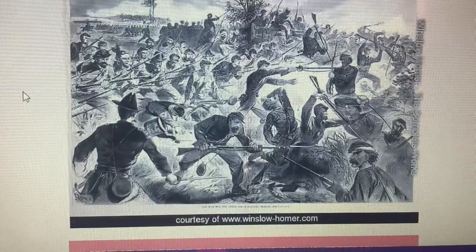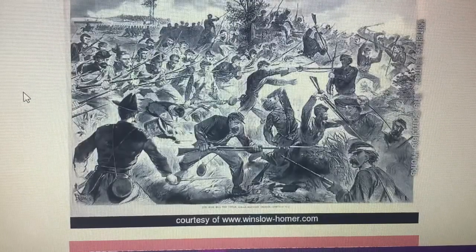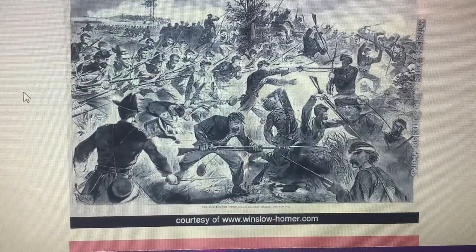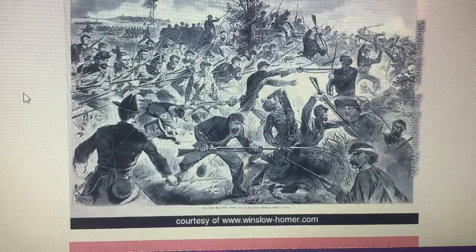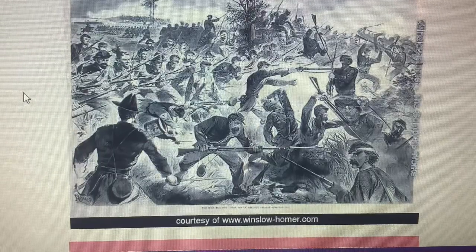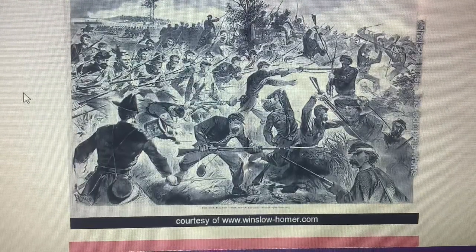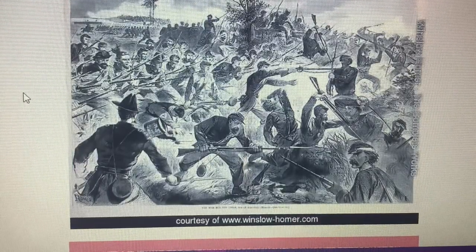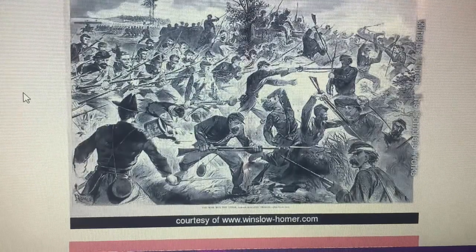So Winslow Homer was alive during that time, and in fact, one of his first jobs as an artist was with a newspaper or magazine called Harper's Weekly. Harper's Weekly hired him to draw pictures of the Civil War. And so he would draw these pictures from the battlefield, and then Harper's Weekly would print them in their newspaper.